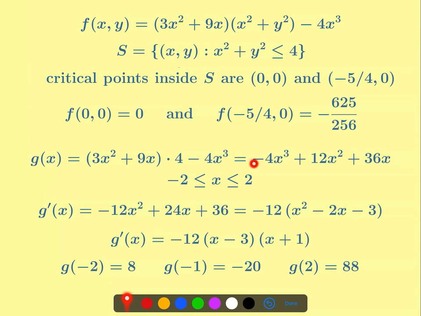I plug in minus 1, I get 4 plus 12, so that's 16, minus 36, that's giving me the minus 20. I plug in 2, I get minus 32, plus 48, that's going to be 16, plus 72, that's going to give me the 88.